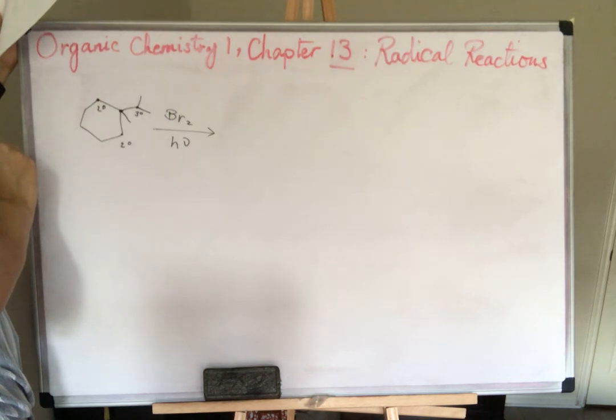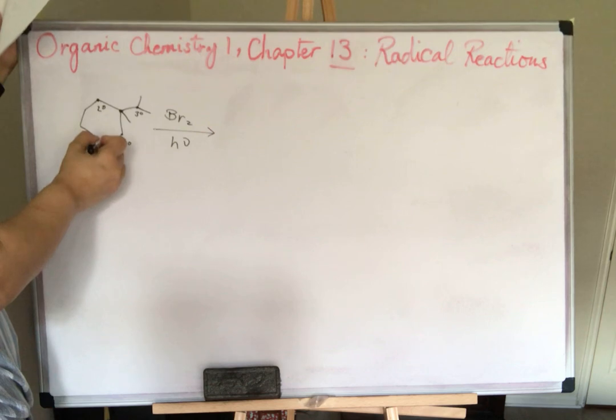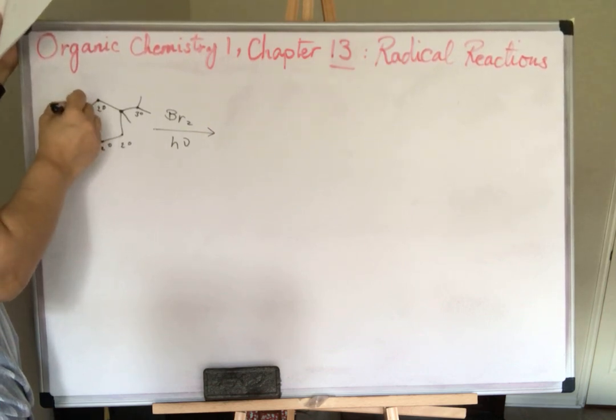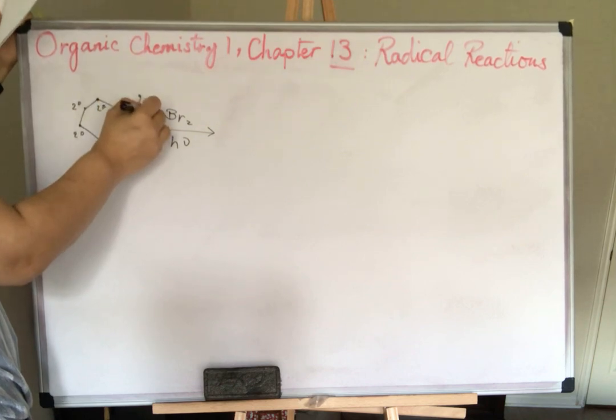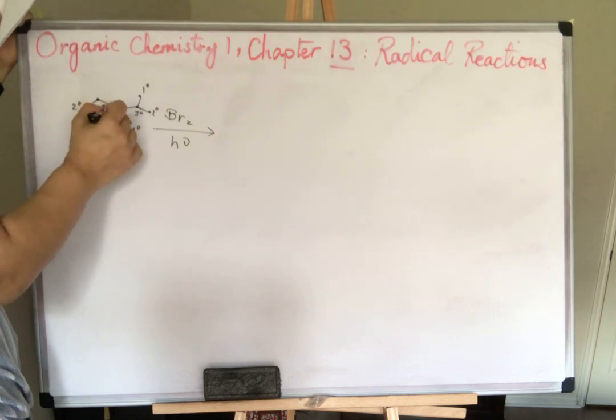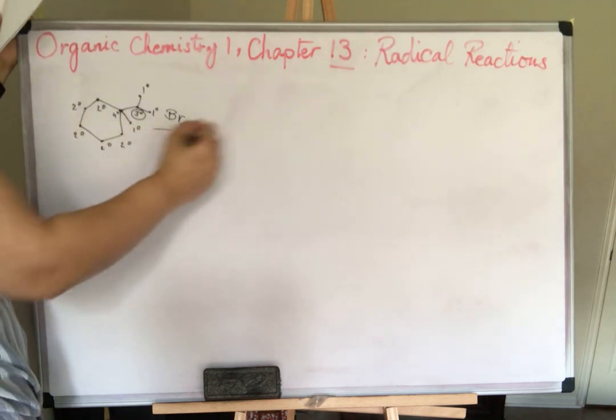So which one is going to be the major product? Secondary, and secondary. These are primary, and this is quaternary. We don't have any hydrogen. So which one will be the major product?